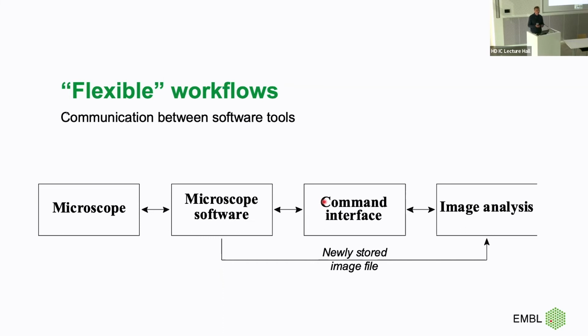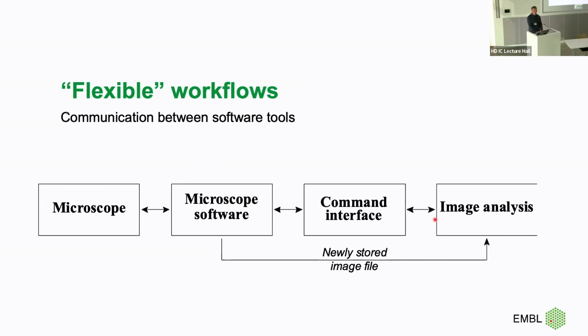What is this command interface? It's typically some kind of script, either a macro which runs within the vendor's microscope software, or a macro which can communicate to another module of the microscope software to provide this type of commands. So why do we like to separate these two parts? Our image analysis ideally doesn't want to know what microscope it talks about.